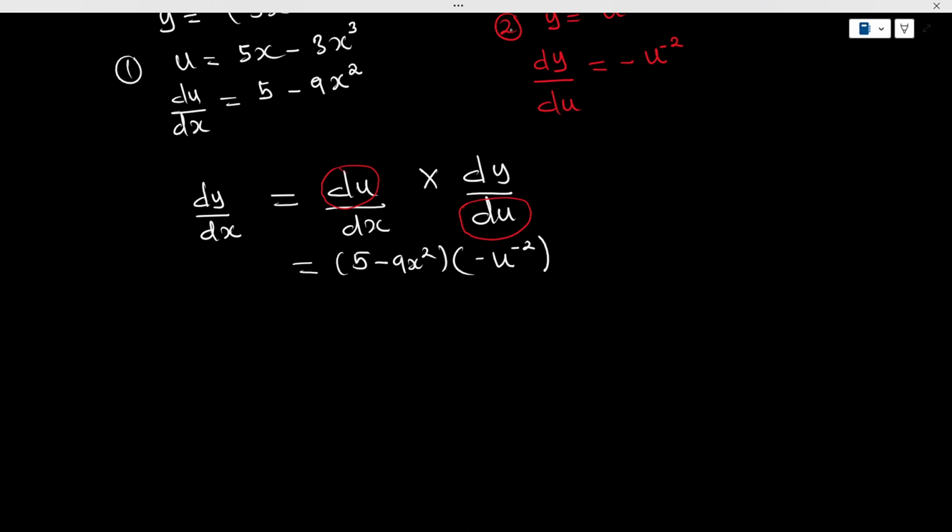And now we can rewrite this negative 1 by putting it inside, like this. Then u to the power negative 2. Now we're going to replace u by what we set it equal to in the beginning.